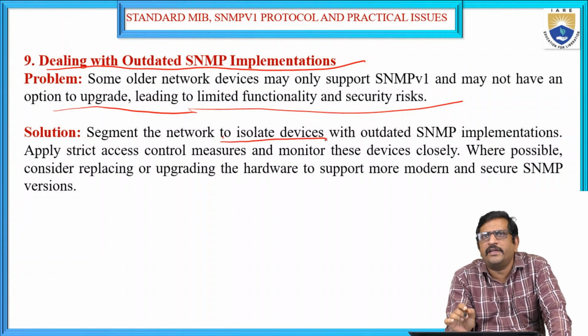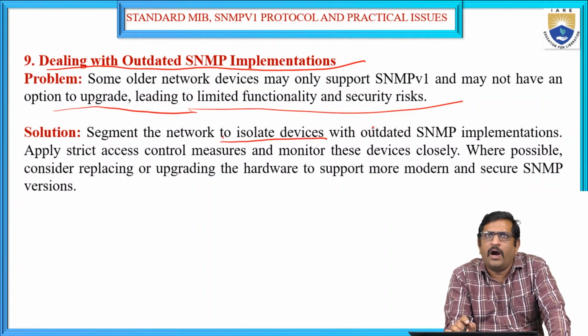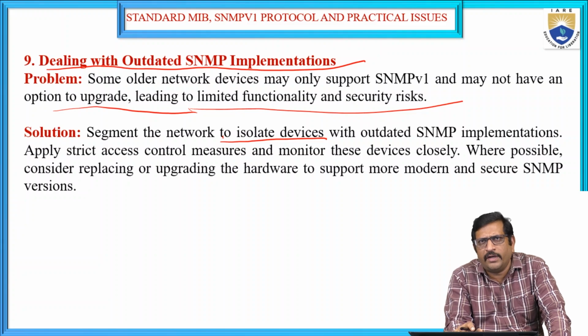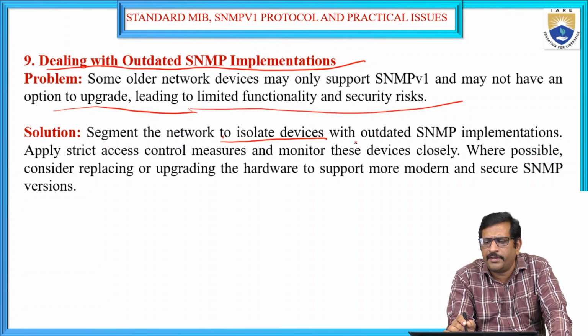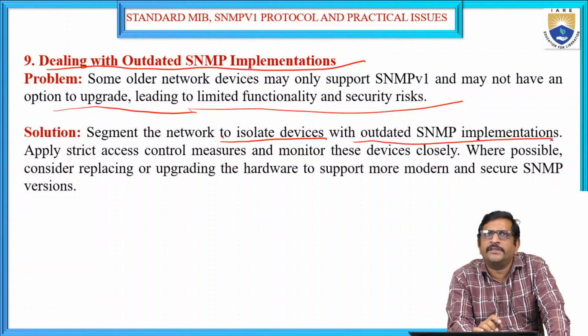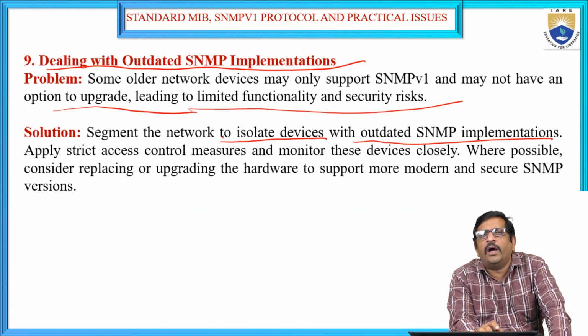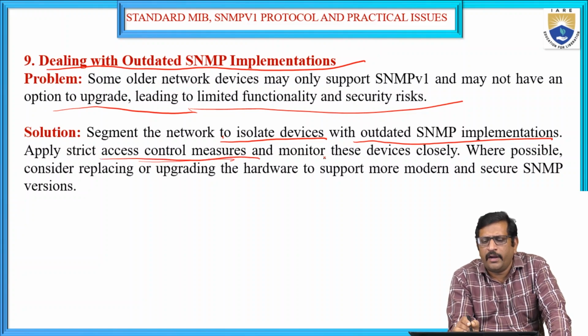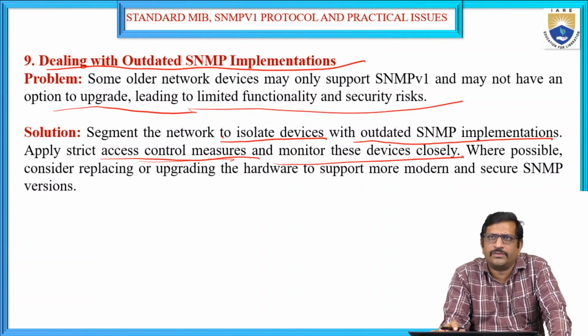For the outdated implementation, where the device and protocol are outdated, we have to isolate the devices with the outdated SNMP implementation. Then we have to apply access control measures and monitor these devices very closely.